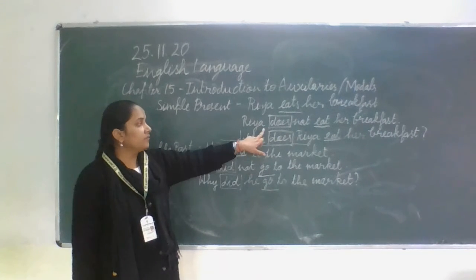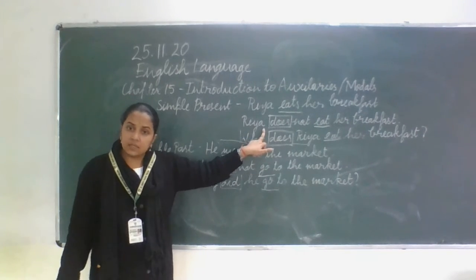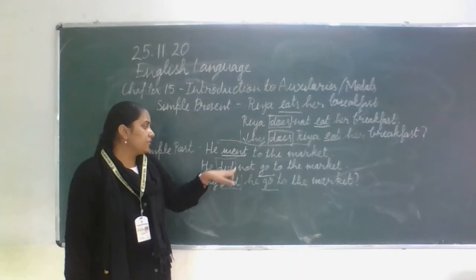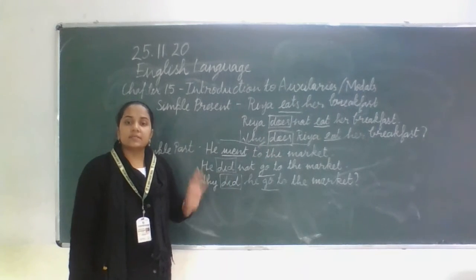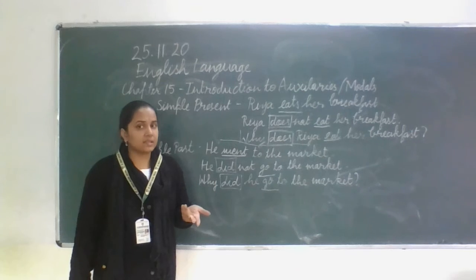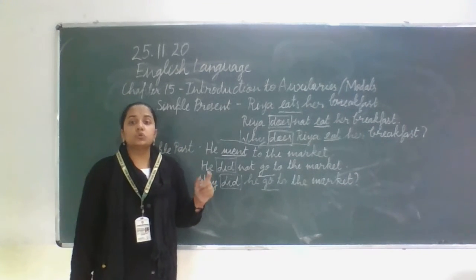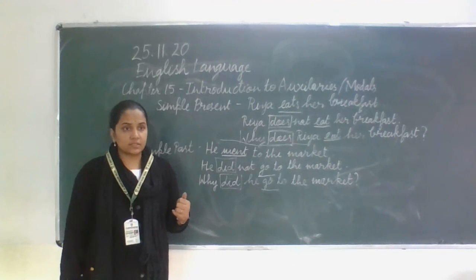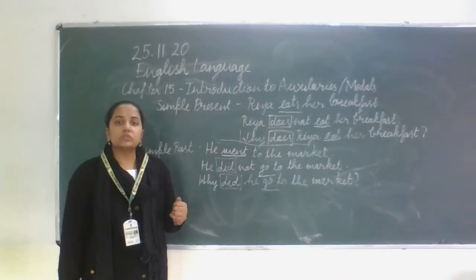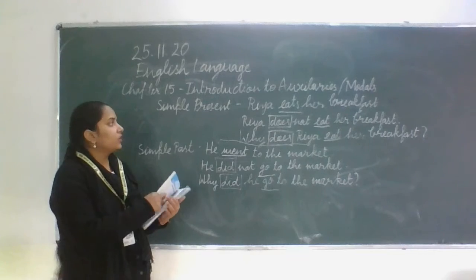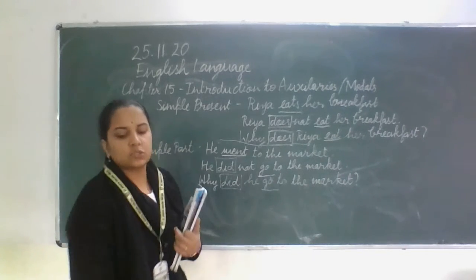Or where we use does, this means this is the present tense. If we are using did, this means this is the past tense. We also use auxiliary verbs to make the passive voice. How do we use the auxiliary verb to make the passive voice? Let's take the first sentence only.